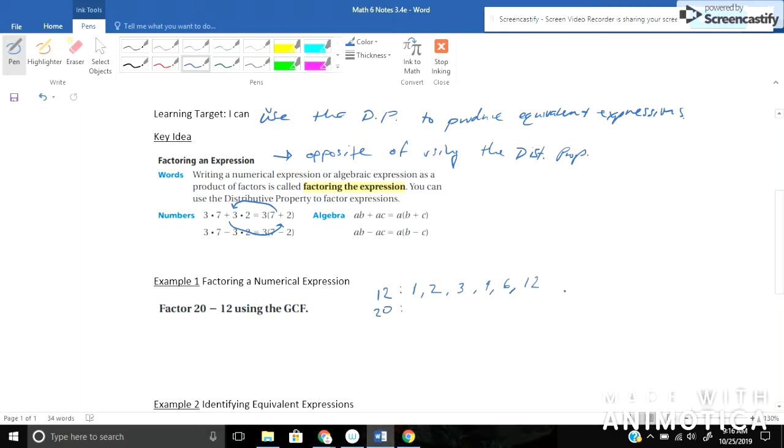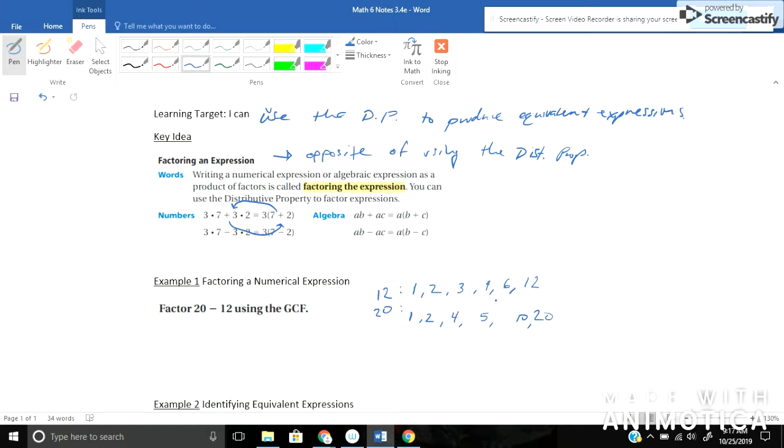Okay, and the factors of 20, I've got 1 times 20. It's even, so 2 times 10. And then I have 4 times 5. 6, no, 7, no, 8, no, 9, no, 10 I already have. So there's my factors.